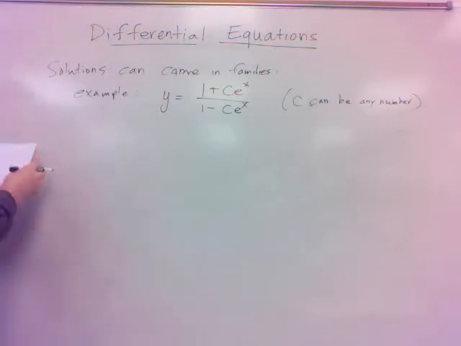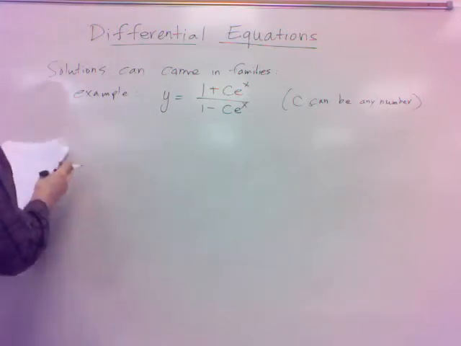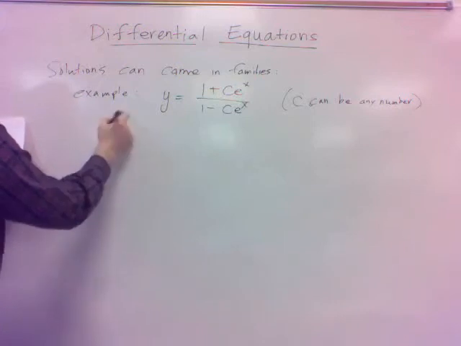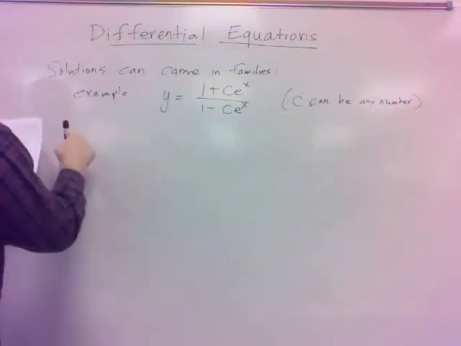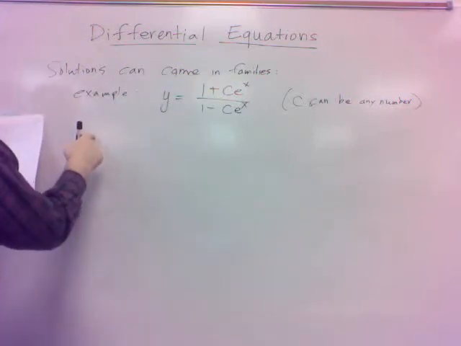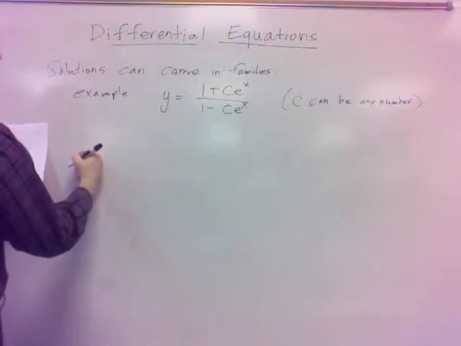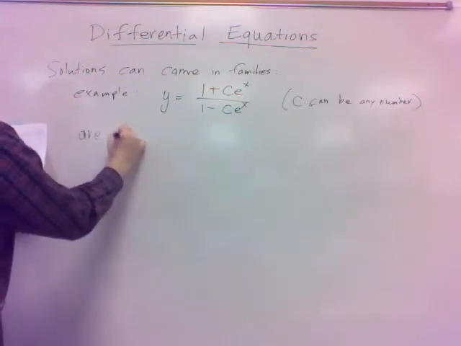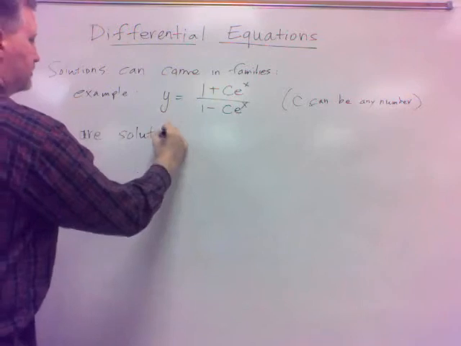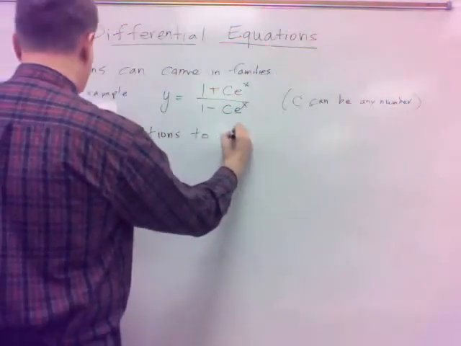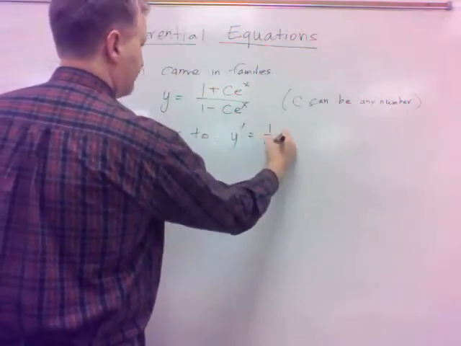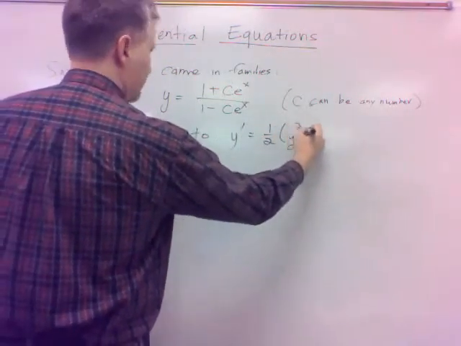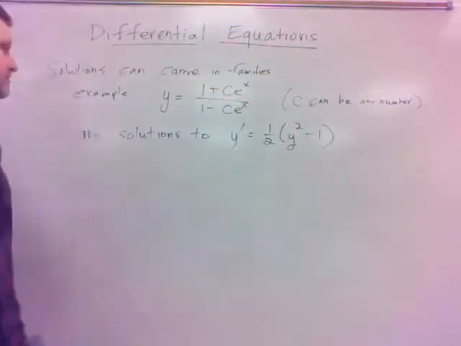And it turns out, I didn't think I had the differential equation here, but I've got it. Y equals 1 plus c e to the x over 1 minus c e to the x are the solutions to y prime equals 1/2 y squared minus 1 in parentheses.